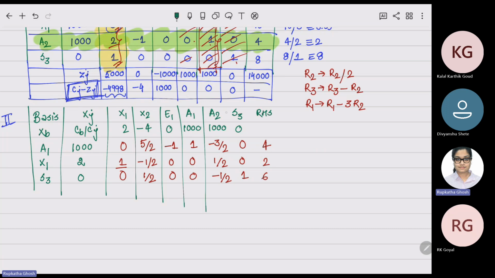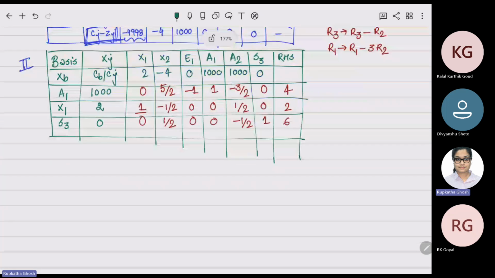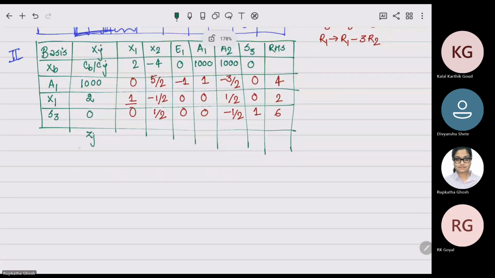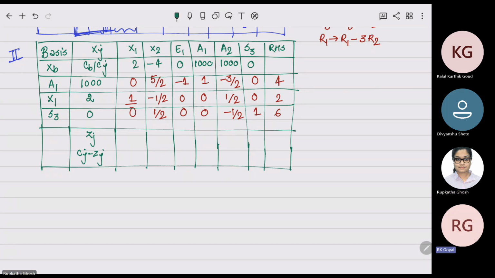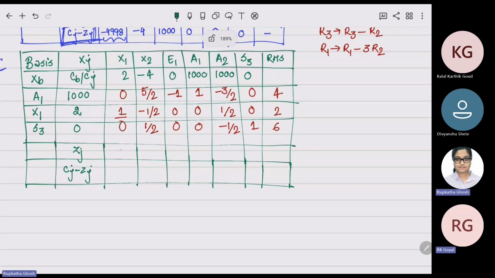So same thing, now you will be repeating. Once you have done this, same thing now, you will do Zj and Cj minus Zj. So now you tell me, sir, what will be the values of Zj? Zj would be 1000 into 0 plus 2 into 2, plus 2, 1, 2.